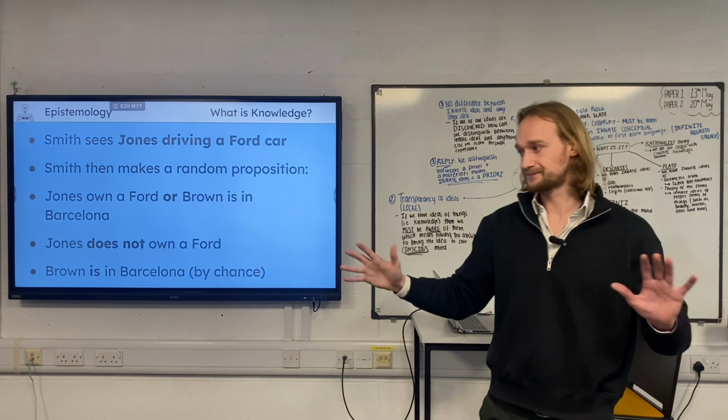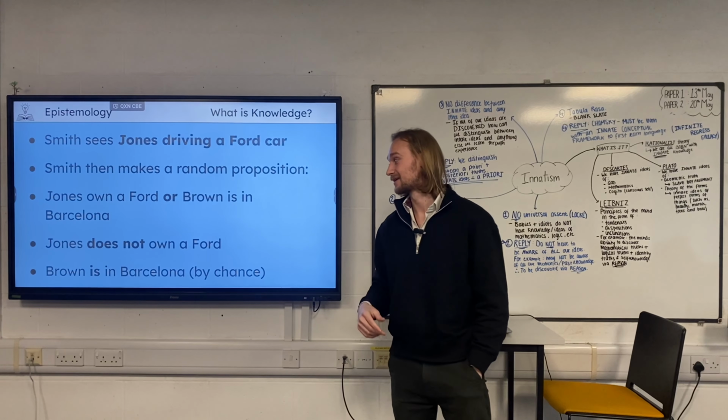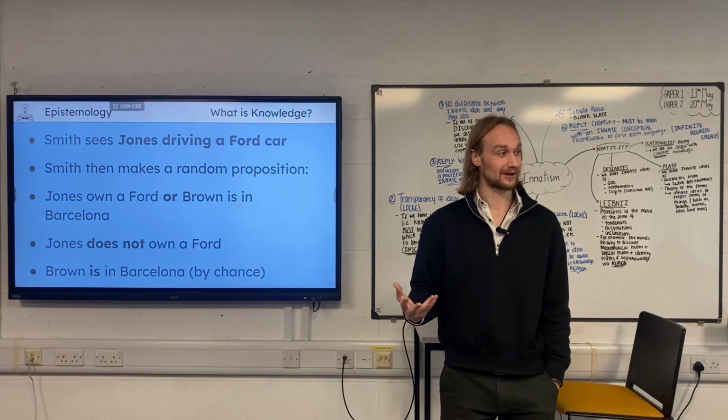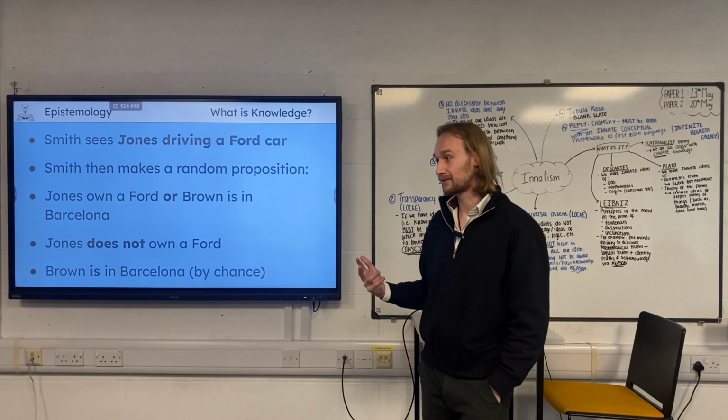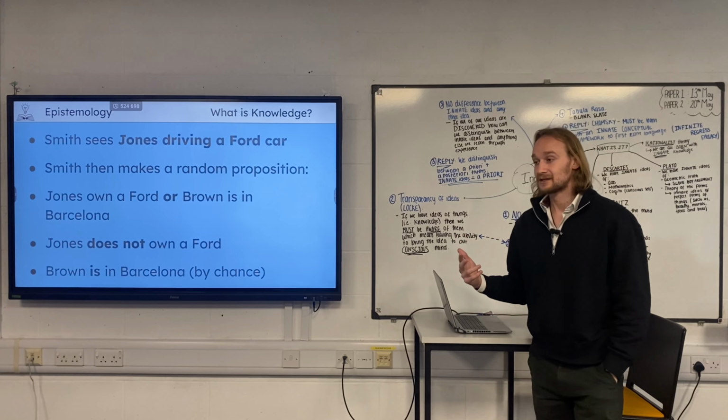And remembering with or statements, so with a disjunctive statement, only one of the two clauses, A or B, has to be true for the statement to be true. It turns out Jones doesn't actually own a Ford, he was just driving a Ford. But by circumstance, by sheer chance, Brown is actually in Barcelona, even though Smith didn't know that.